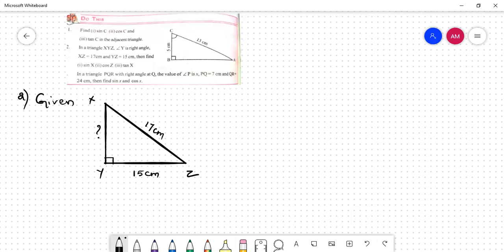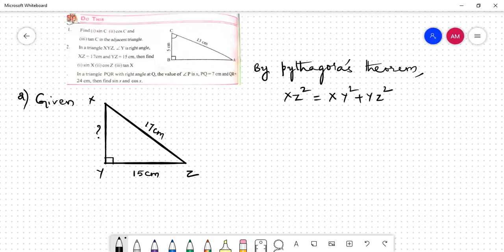By Pythagoras theorem. Very good. By Pythagoras theorem, hypotenuse square, XZ square, is equal to side square plus side square. So 17 square is equal to XY square plus 15 square.